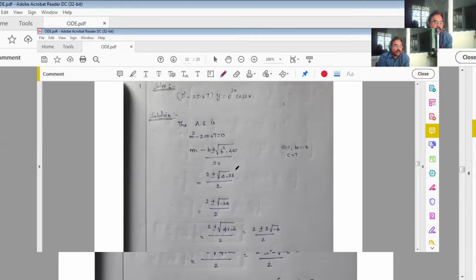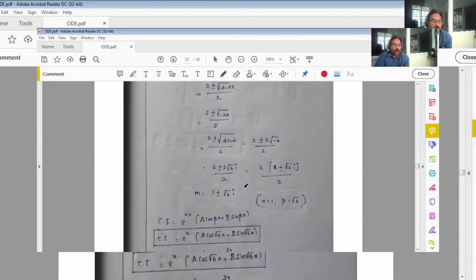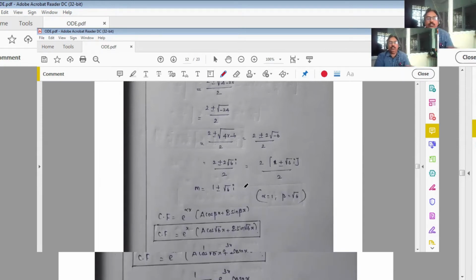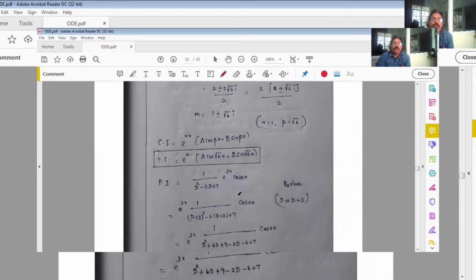Okay, the roots are 1 plus root 6. When you find the complementary function, 50% of the problem is over.